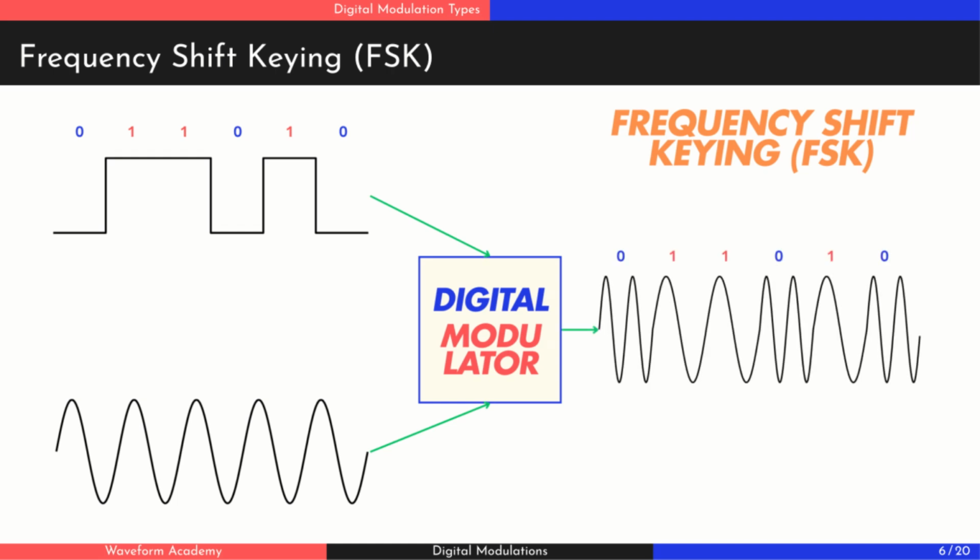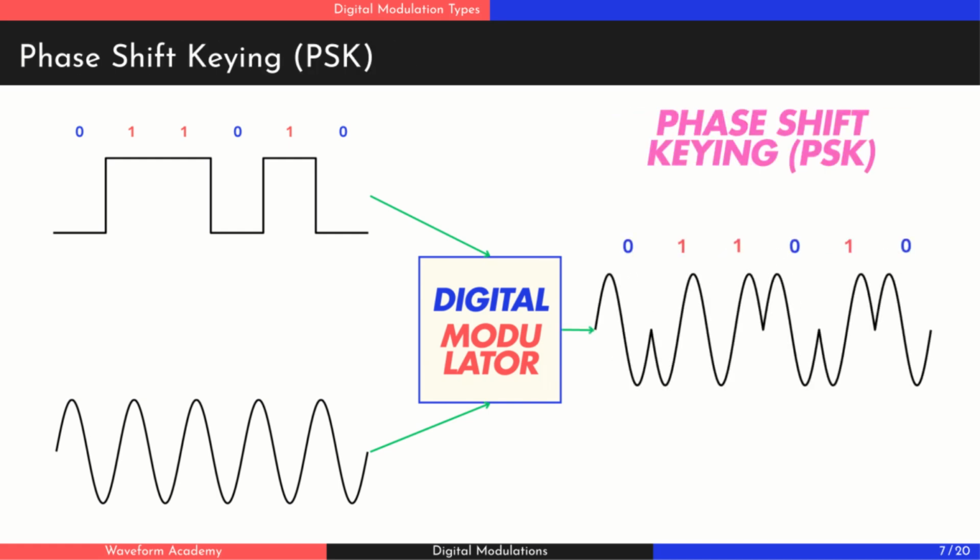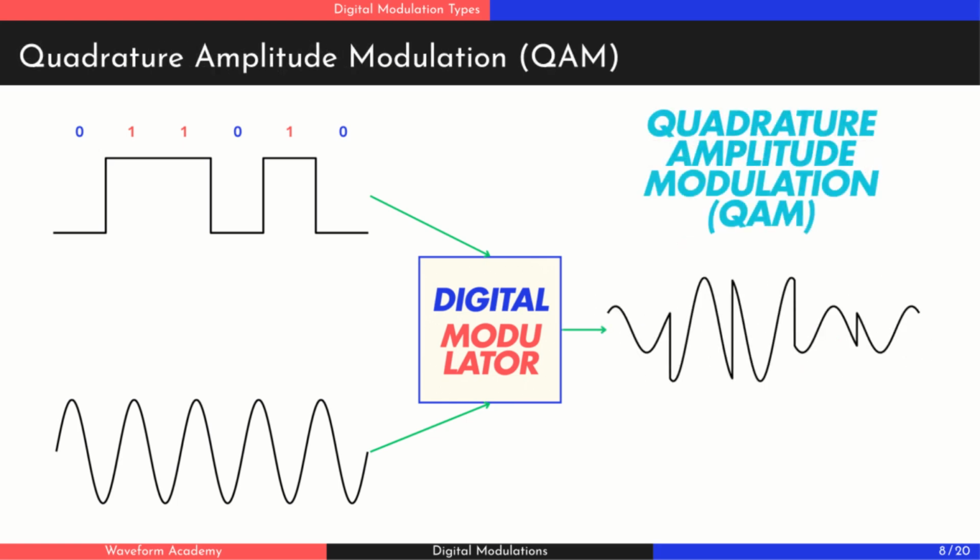For instance, a 0 might be encoded as a signal with a frequency of 2 Hz, while a 1 is represented by a frequency of 1 Hz. PSK encodes data by varying the phase of the carrier wave. In its simplest form, binary PSK, there are two phase states shifted by 180 degrees. Finally, QAM combines both amplitude and phase modulation to encode bits, allowing for more efficient data transmission.